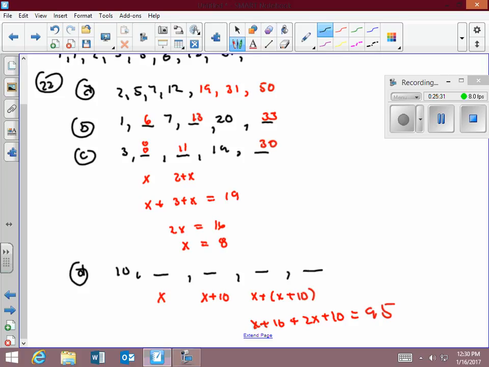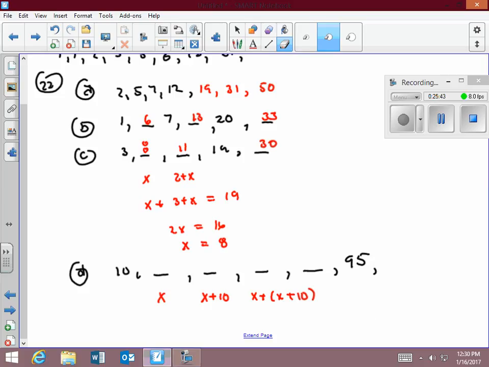So then there's another one here, and then there's a 95. And then that's it. So in essence, this third one is going to be 2x plus 10, right? And that fourth one is going to be 3x plus 20, isn't it?